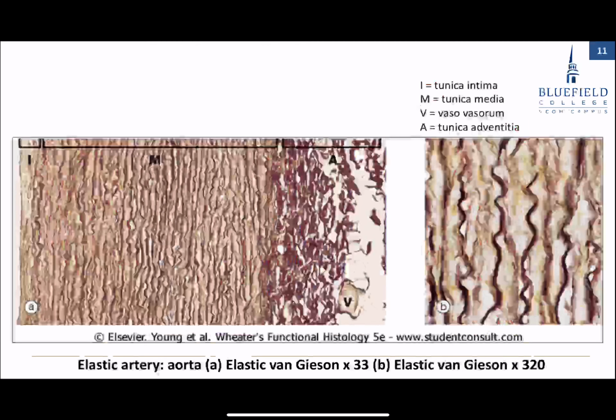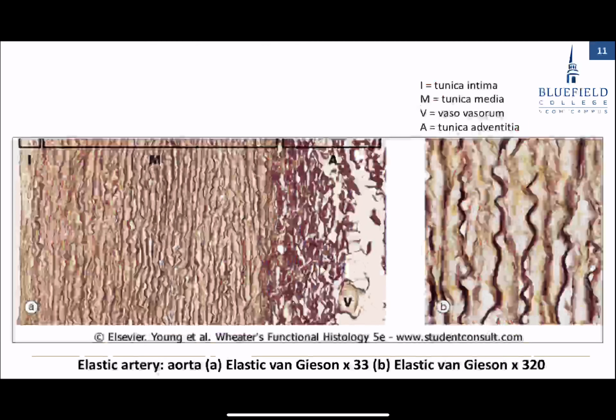That kind of helps so that I don't reach as high a spike in blood pressure as I normally would, but also my blood pressure doesn't go as low as it would while my heart is refilling. Okay, so it helps moderate blood pressure with the elastic fibers within the walls of the elastic arteries. And whenever they show elastic arteries, they're always going to show the aorta. We could do carotids and things like that, but the aorta is the one they're always going to show.